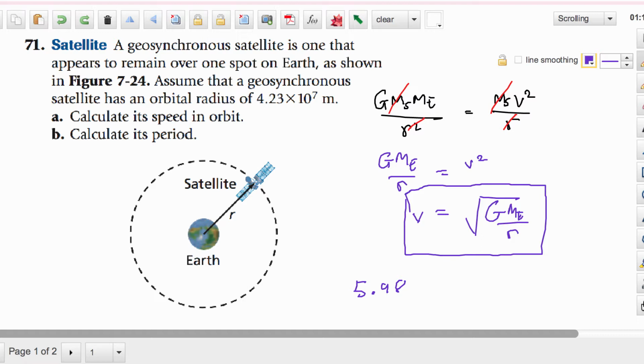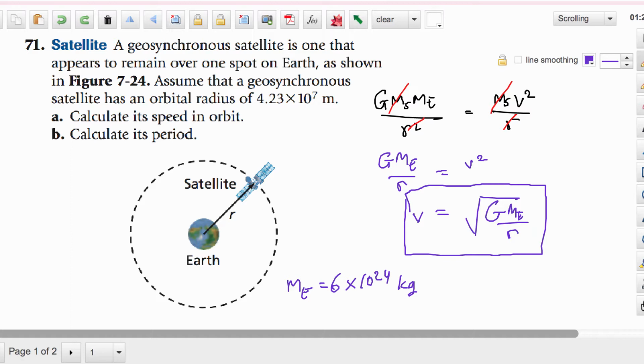So G is 6.67 times 10 to the negative 11, times 6 times 10 to the 24th, divided by the radius.